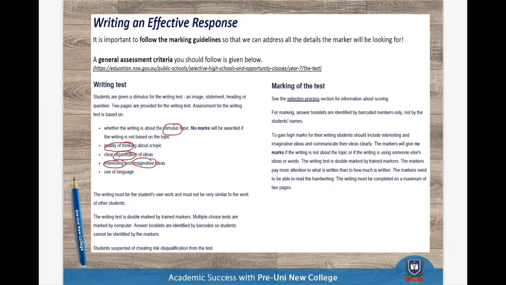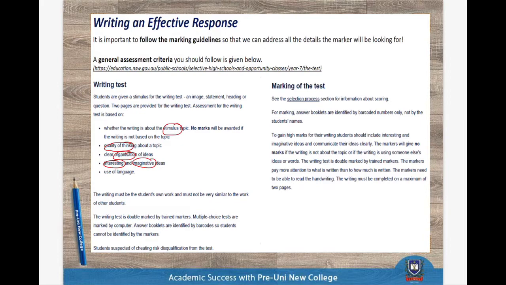So your writing must be your own work, and if it's not unique, if it's a very cliched storyline or very general points for a discussion, you will lose marks because the reader would not be interested. And also, do not copy any known ideas.